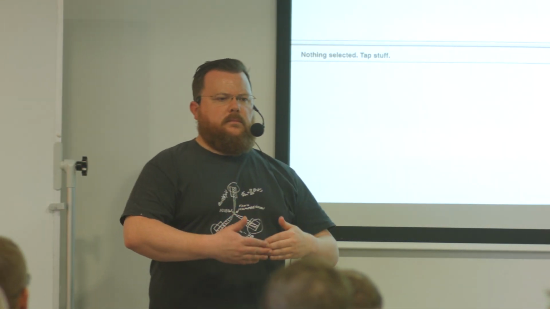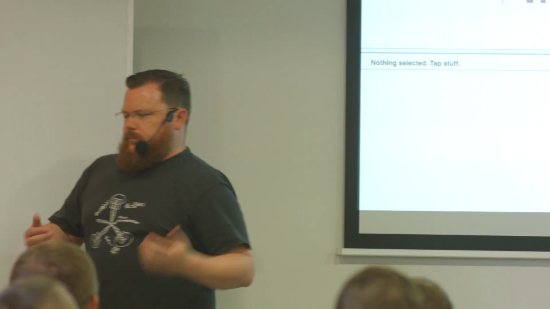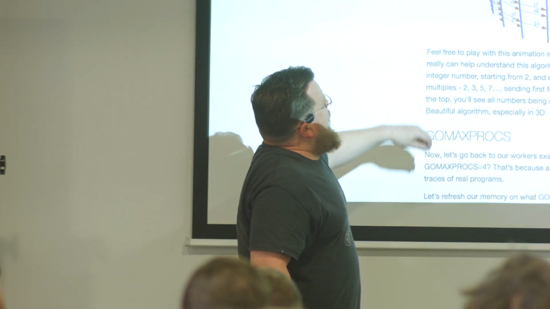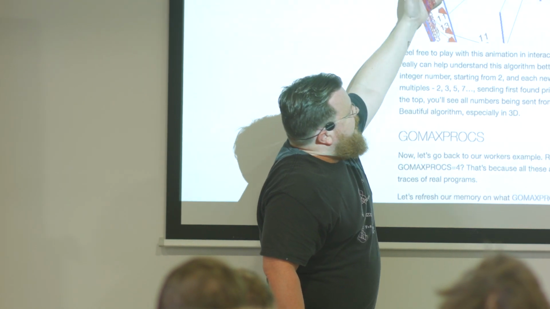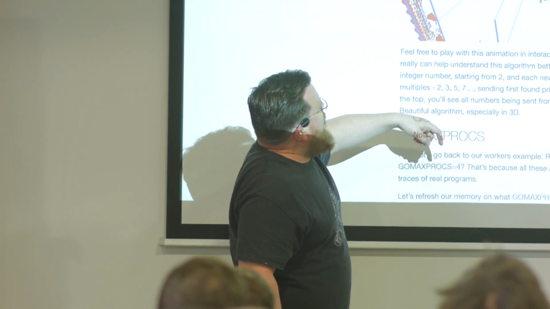Like you're passing to 1, it says, well, 1's not a prime. Pass to 2, it says 2. And this very closely matches what we see here. For example, the 15 is just discarded, it's not a prime. And only the numbers that are passed back into the central goroutine are the ones that are printed.